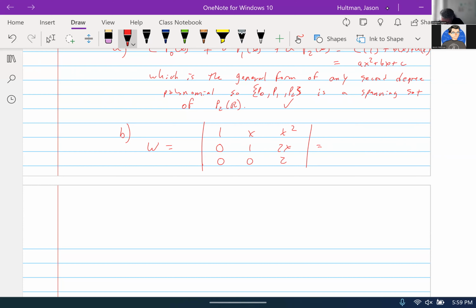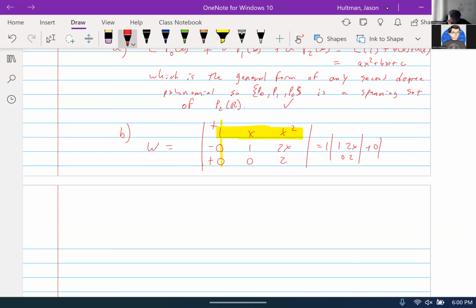And I want to find the determinant of this, which is actually pretty easy to find because we have this row of zeros, this 1, 0, 0. So all I really need to do is look at my first column here, and if I do the first entry and get rid of its row and column, this will become 1 times the determinant of [1 2x; 0 2].